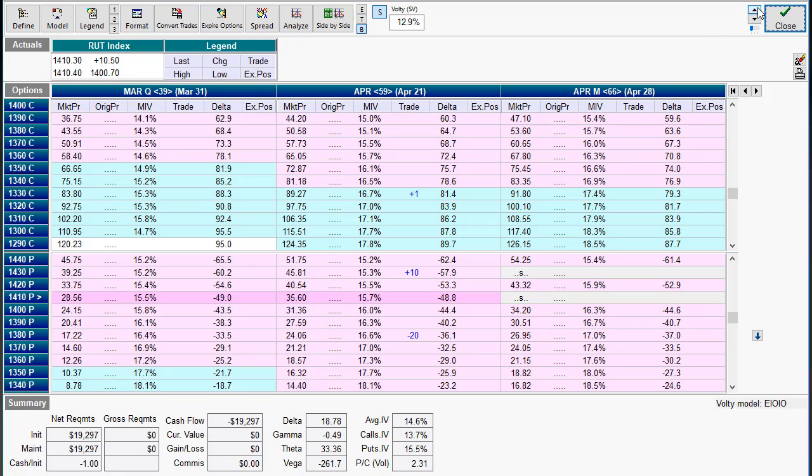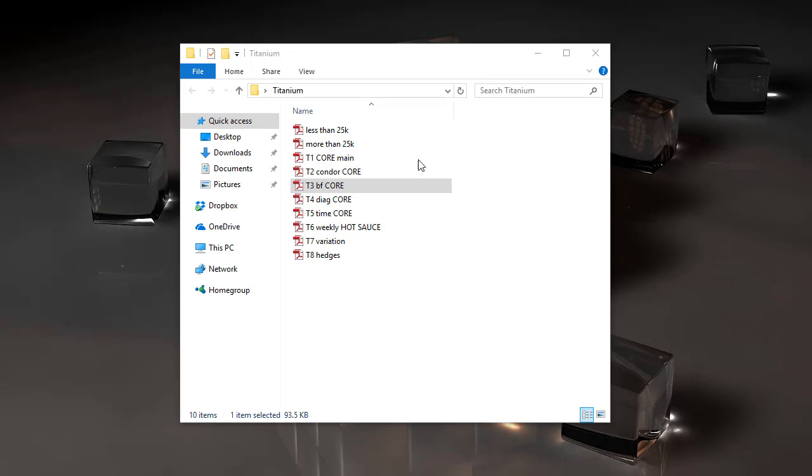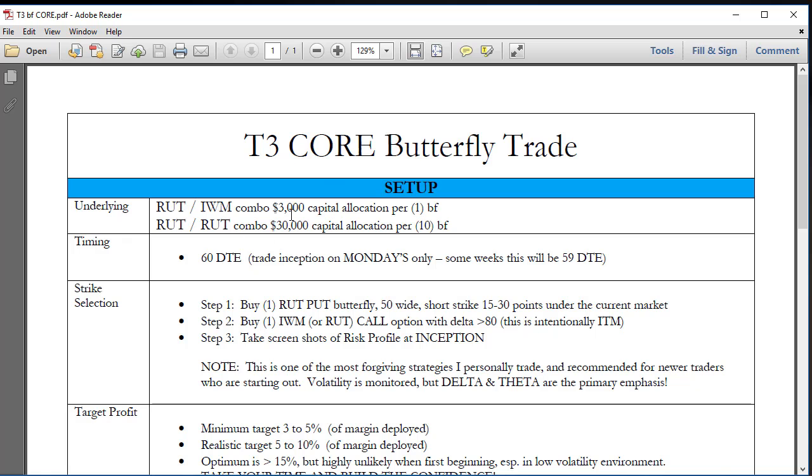But just understand that there are many variations and many ways that you can say, all right, I'm going to take a small amount of capital while I'm learning, and maybe for 6 months I'm going to trade this Russell IWM combo, 1 or 2 contracts only while I'm learning it, and then as I get skilled and more confident with that, I'll move that up to 4 or 5 contracts before I graduate to the Russell combo. That's going to be a lot more capital intensive, but it will react exactly the same way as the Russell IWM combo with a few added benefits and features.